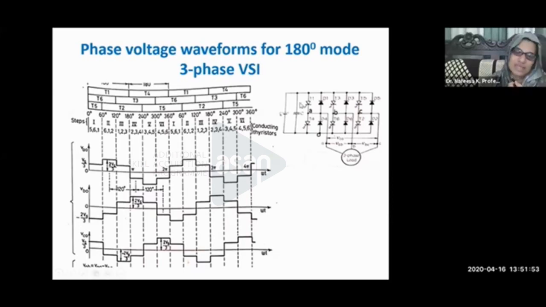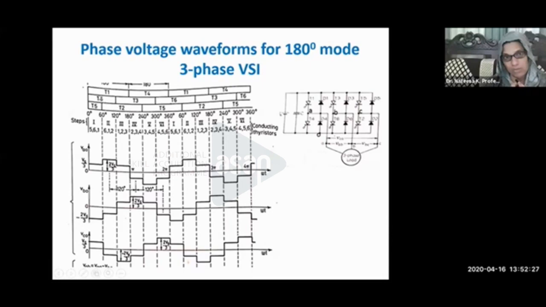That means if T1 is fired first, after 60 degrees T2 is fired, and after another 60 degrees T3 is fired, and so on up to T6. Now we will see how these devices are fired. Here we can see that T1 is fired for 180 degrees, and similarly T3; each thyristor is fired for 180 degrees in 180-degree mode.